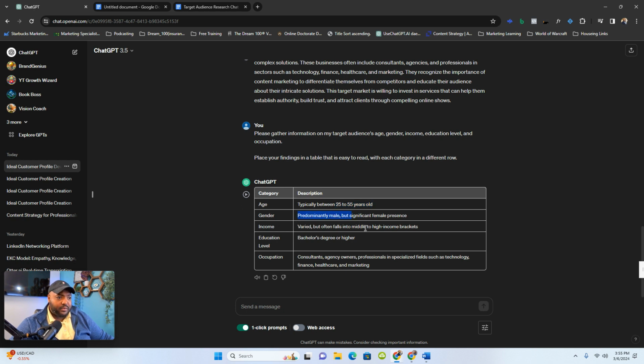Income varies, but often falls in the middle to high income brackets. Okay, I can live with that. I can live with the idea of middle to high income. Bachelor's degree or higher, consultants, agency owners, professionals in specialized fields such as technology, finance, healthcare, and marketing. This is not very specific, but that's okay because I already know that. I already know that these are pretty much the customers that we're looking for.